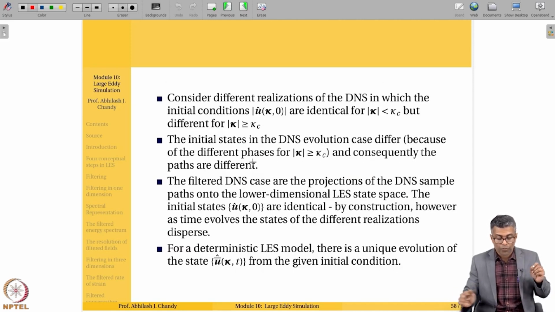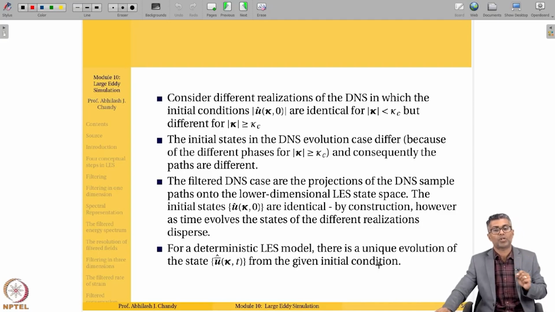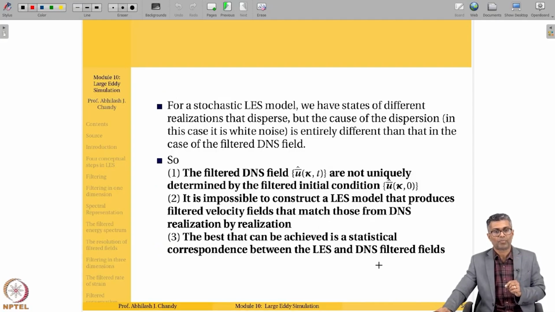Right? So for a deterministic LES model, there is a unique evolution of the state from the given initial condition. You start from the same initial condition, then you get exactly one solution, even if you conduct it multiple times, isn't it?